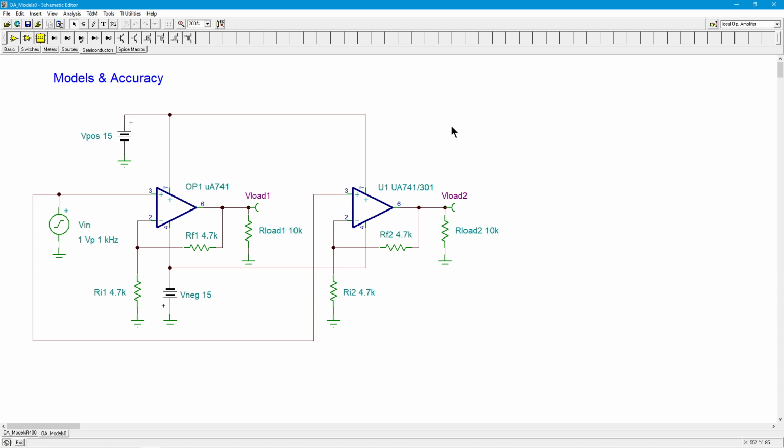Why not? Well, I know, first of all, that the models are imperfect. And secondly, I know in the real world, the physical realizations have their own fluctuations, their own variations from part to part, plus all the other components.